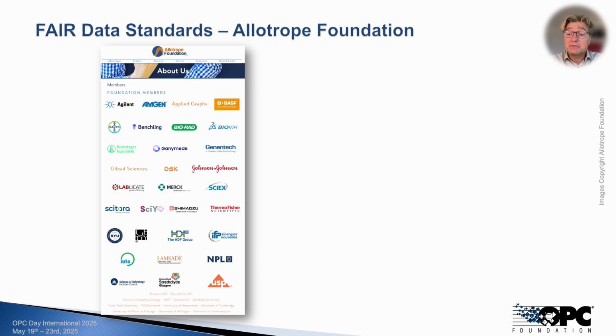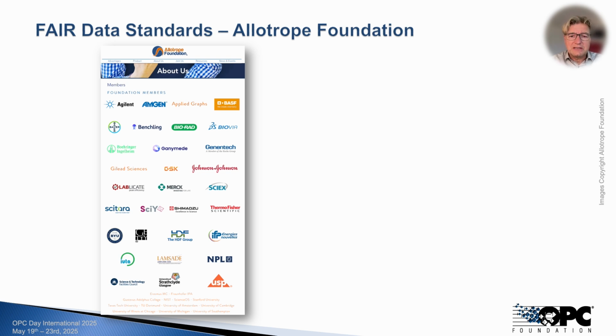On the left, you see a selection of its members and contributors, including major pharmaceutical and chemical companies like Amgen, Bayer, BASF, Boehringer Ingelheim, Genentech, GSK, J&J, Merck, and many more. You'll also find leading instrument and platform providers such as Agilent, Bio-Rad, Shimadzu, Thermo Fisher Scientific, and Waters, as well as digital ecosystem players like Benchling, BIOVIA, and others.